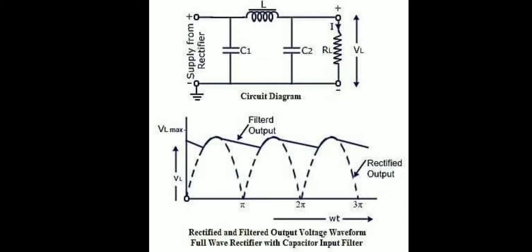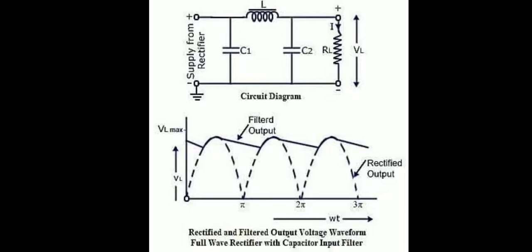Now again we have discussed the basics of the filter circuit, and again we will discuss the inductor filter, capacitor filter, LC filter, and at the last the pi filter again. So the filter circuit is used to remove the AC components from the output of a rectifier circuit.